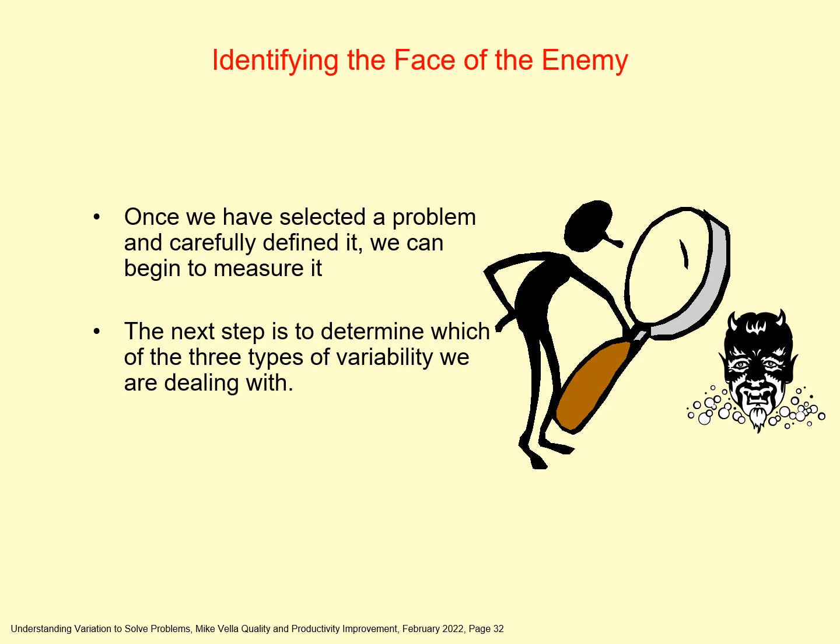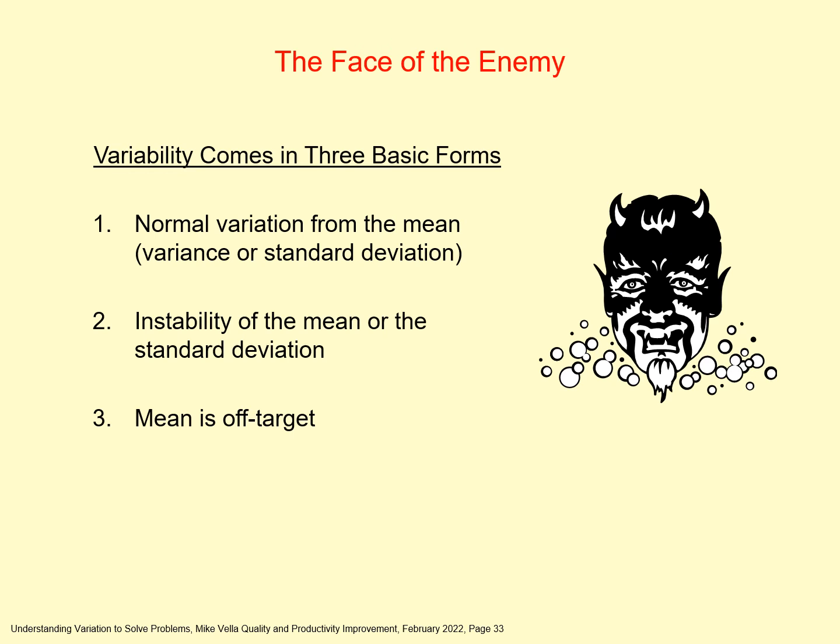Once we've selected a problem, we can carefully define it. We can begin to measure it. The next step is to determine the 3 types of variability we're dealing with. So understanding more and describing and controlling variability is our objective. So variability comes in 3 basic forms.